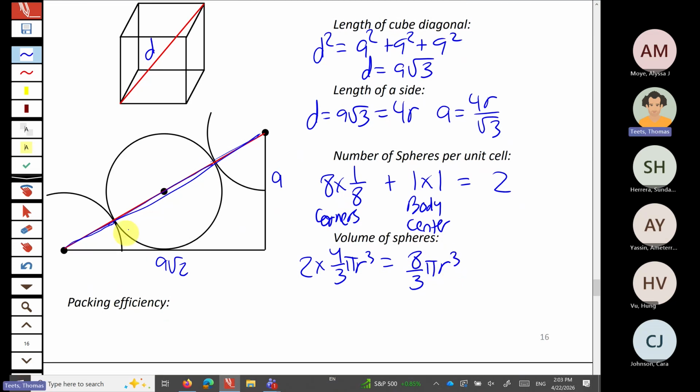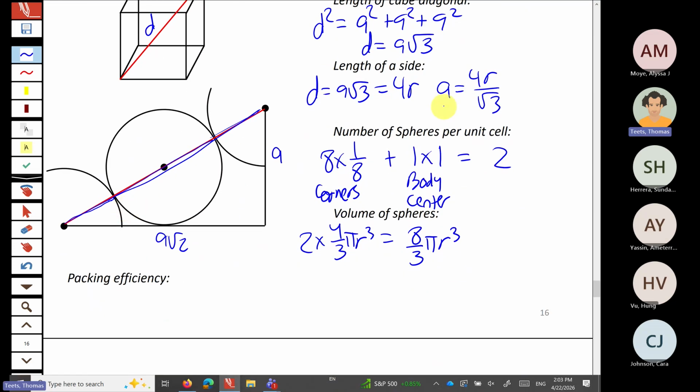All right. So this one has the most complicated geometry to get to this point, especially this first part here. But once we have that information, we can calculate the packing efficiency in the same way. 8/3 times pi r cubed is the volume of the spheres. This value cubed, 4r over radical 3, is the volume of the cube.